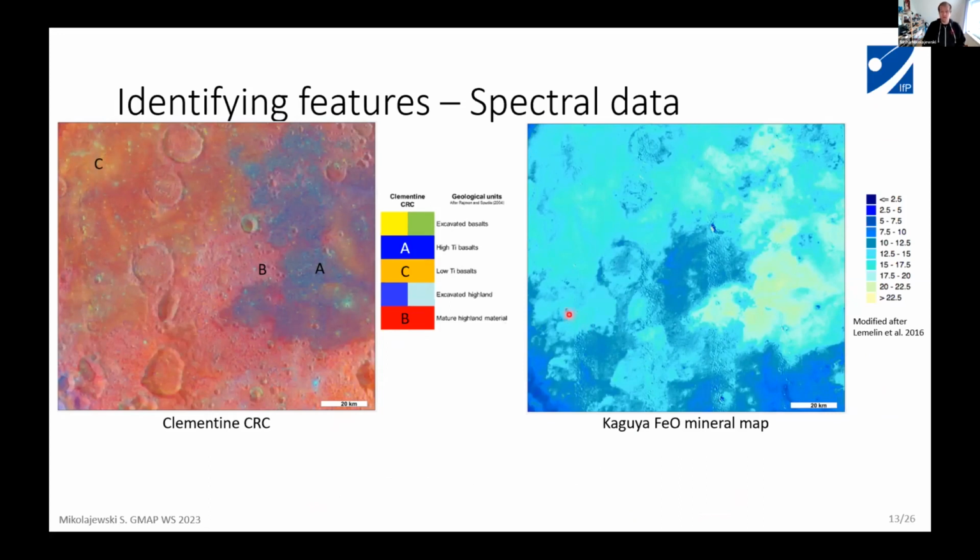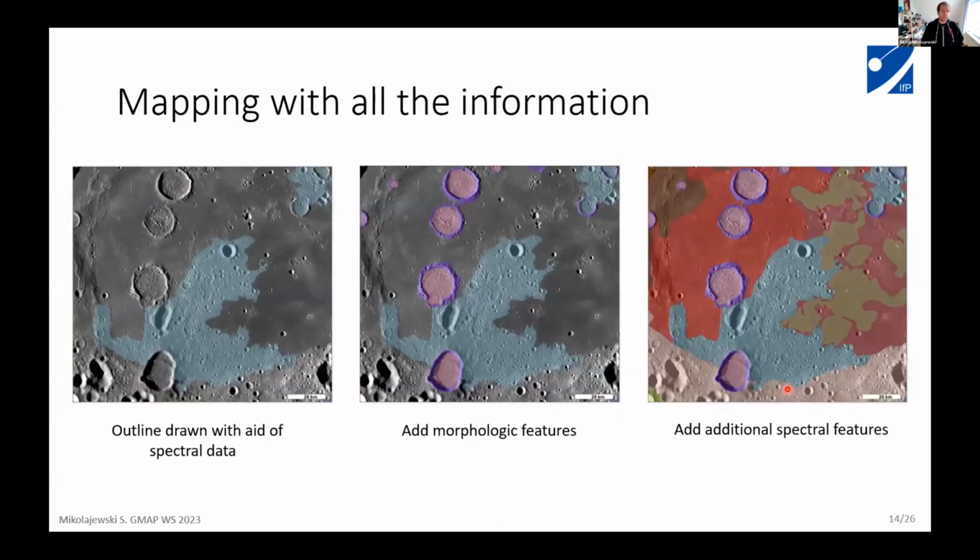We can also use the Kaguya mineral map. For example, I used here the Kaguya iron map, where you see that here's an area with a relatively high iron content, and here is an area which is poor in iron. And with all this information we can start mapping.